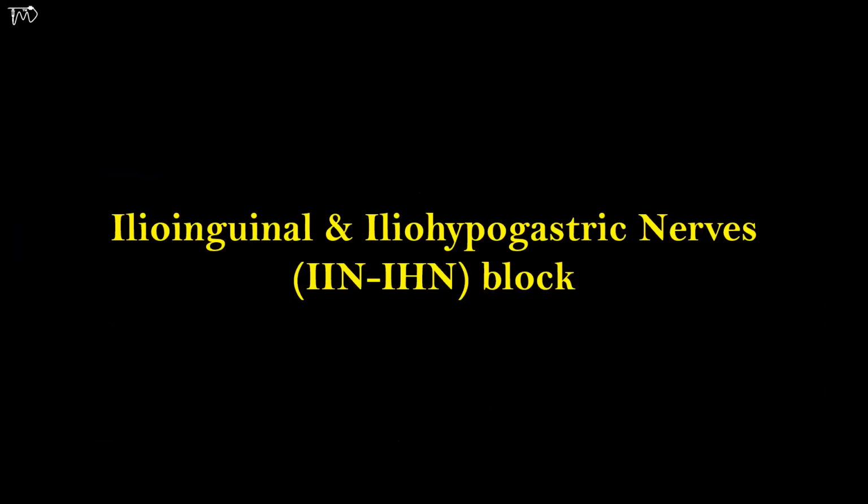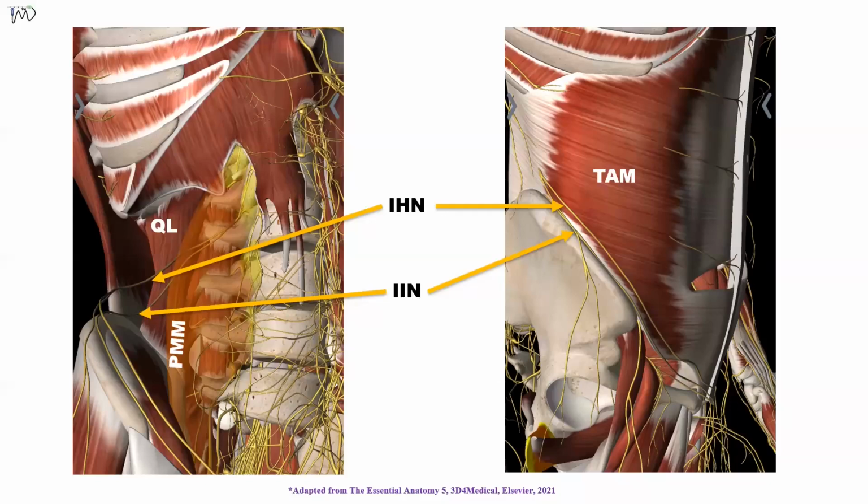Next, coming to the ilioinguinal iliohypogastric nerve block. This is used for analgesia for inguinal hernia surgery, cesarean section, appendicectomy, etc. Ilioinguinal and iliohypogastric nerves are the branches from the lumbar plexus with contribution from the anterior ramus of L1 spinal nerve with occasional contribution from T12.